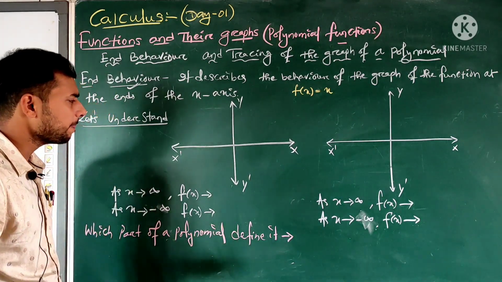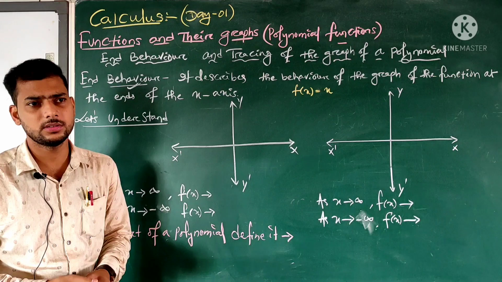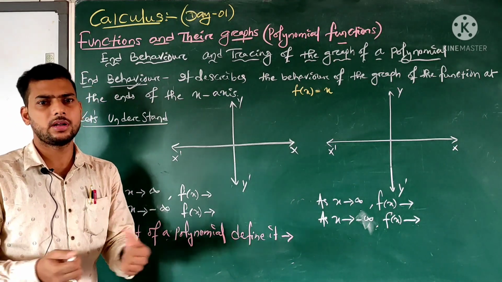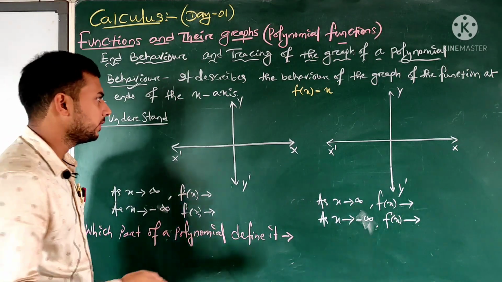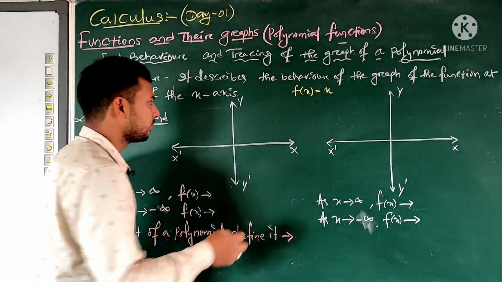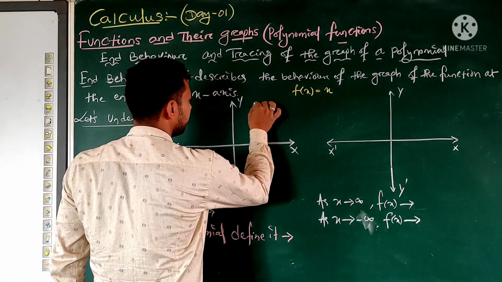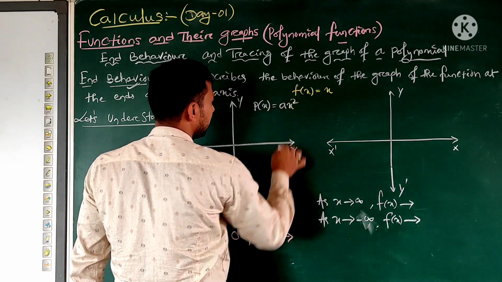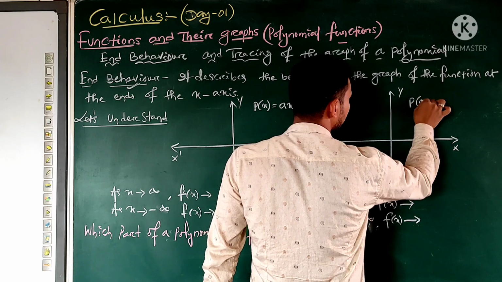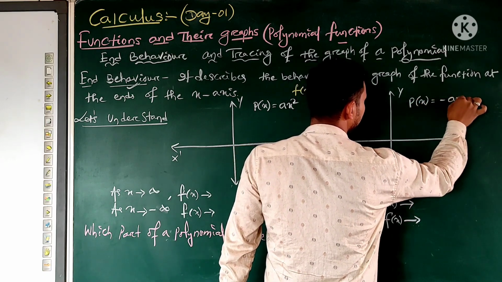Consider the simplest polynomial function, which you all have read about in class 10, the quadratic polynomial. I am considering a small example: p of x is equal to ax square and p of x is equal to negative ax square.